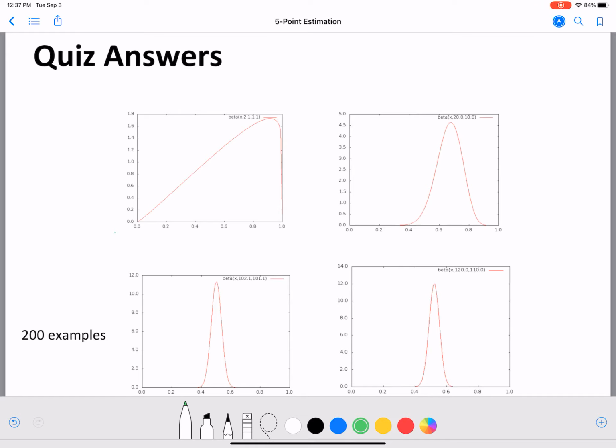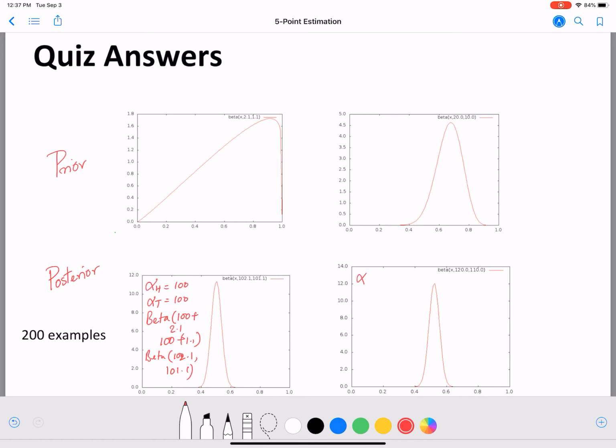So again, just so we are clear, this is the prior and this is the posterior. And alpha h is equal to 100, alpha t equal to 100, and now we have beta of 100 plus 2.1, comma 100 plus 1.1, which is equal to beta of 102.1 and 101.1.